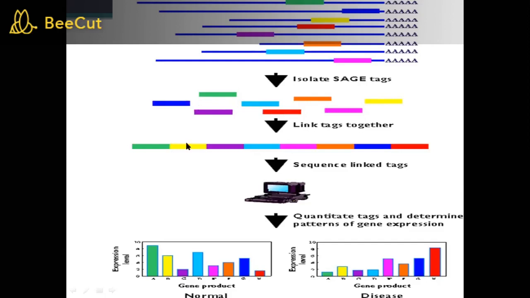The next step is linking these tags together to form a longer molecule. Then we sequence these linked tags, quantitate them, and determine the pattern of gene expression. After that, we compare the normal and disease cell gene expression patterns.